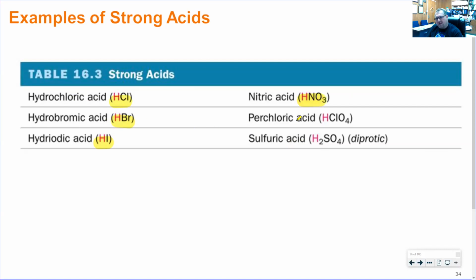Common ones are nitric acid, perchloric acid, and sulfuric acid, H2SO4. It's an example of a diprotic acid. We'll talk about that a little bit further as we go on into the notes. So this is table 16.3 in your textbook, and you need to commit these 6 to memory.